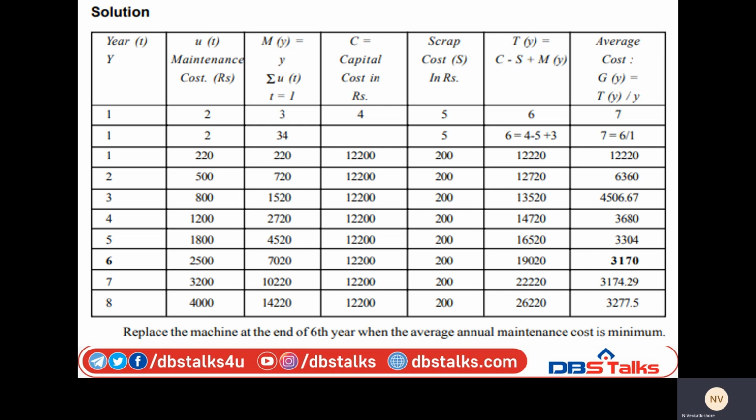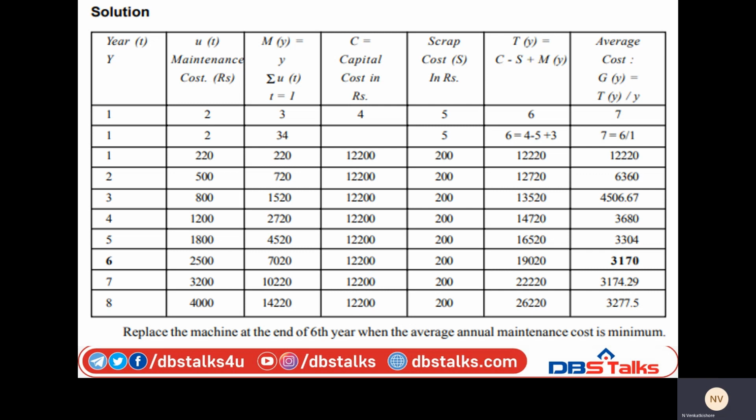After that, the average is the total cost divided by the number of years. In the first year, it is divided by 1. For the second year, the total cost, that means 12,720, divided by 2. Next, third year 13,520 divided by 3.